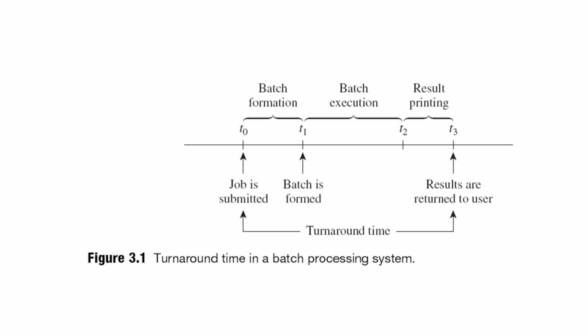In this figure you can see that at time t0 the job is submitted. The job is nothing but any user request. The user request is submitted at time t0.